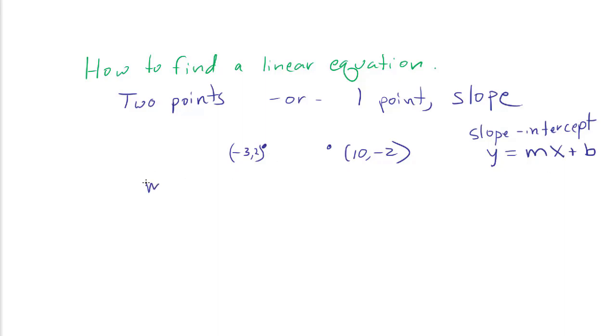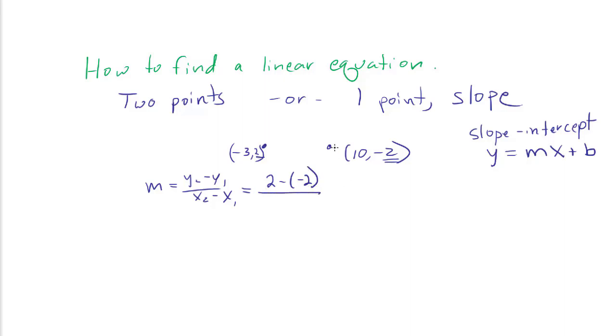m equals y2 minus y1 over x2 minus x1, which is, in this case, 2 minus 2. And by the way, I could choose either point to be my x2, y2, or x1, y1. I just have to stay consistent, okay?